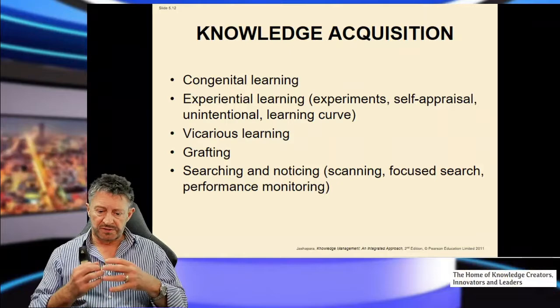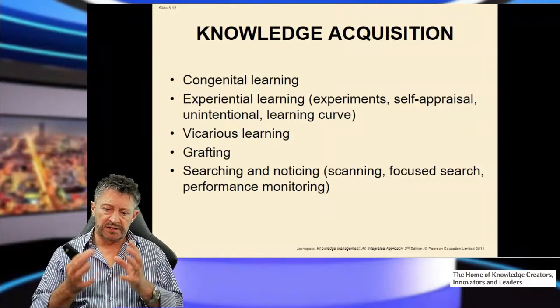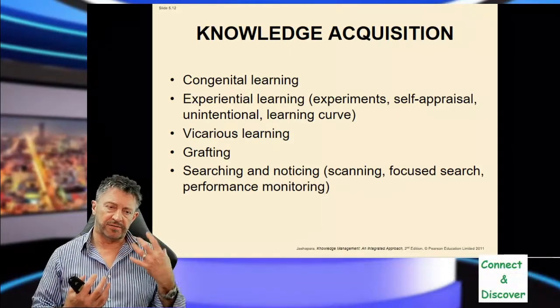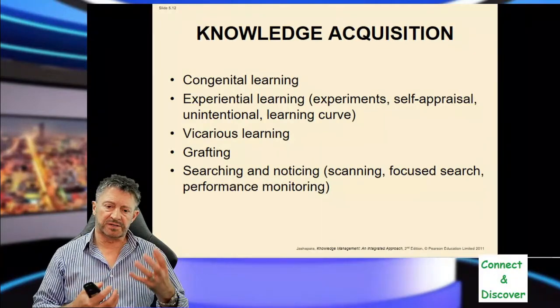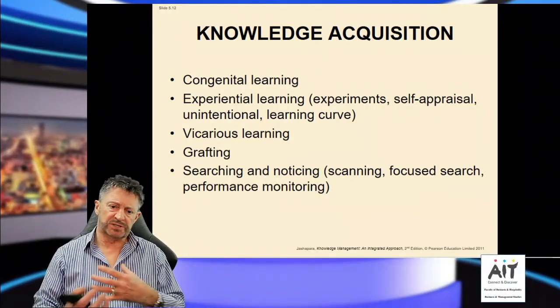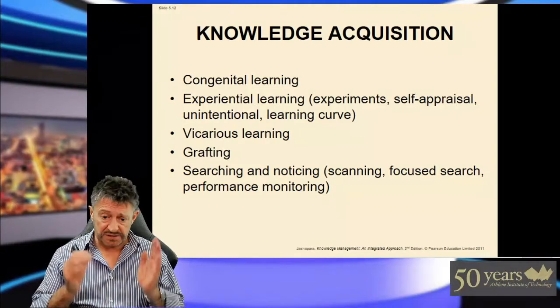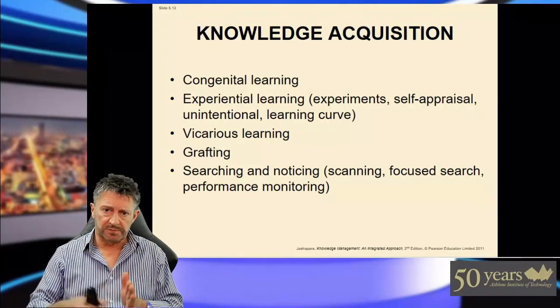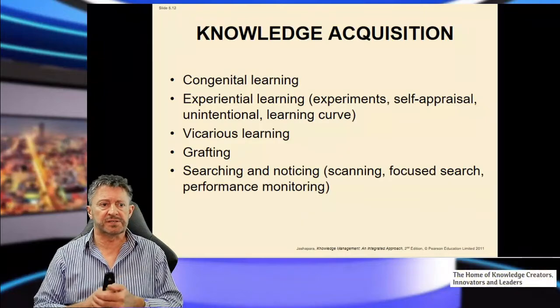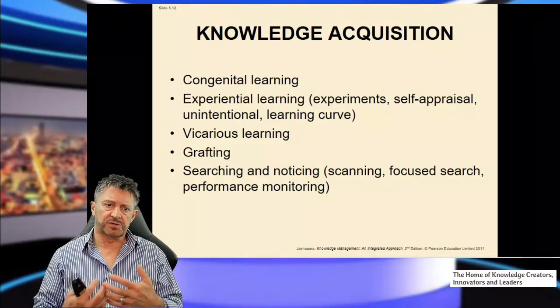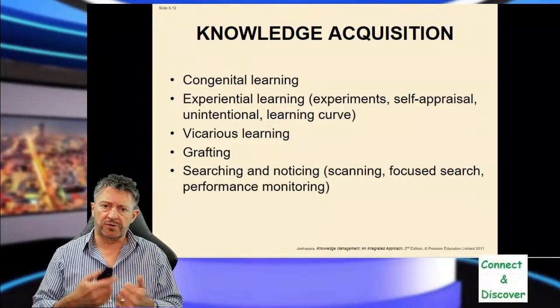And congenital learning is right now in the present, experiential learning is learning from past experiences, and vicarious learning is being thrown into a situation, sink or swim type of thing. Grafting is pure hard work, just get in and do it and keep doing it until it makes sense to you, and then searching and noticing, scanning around, is there other alternatives.